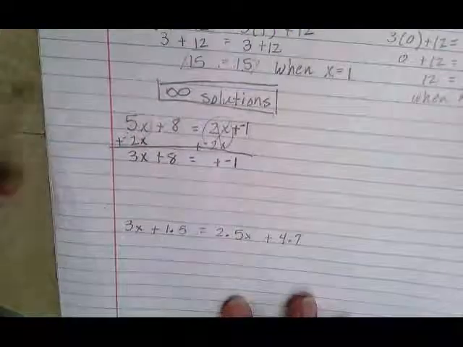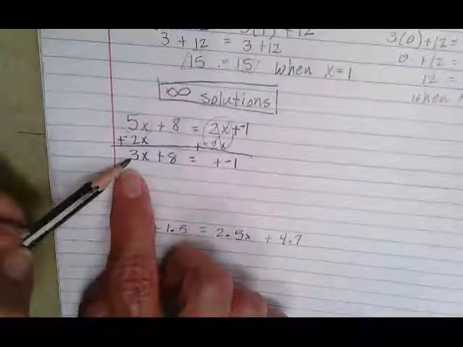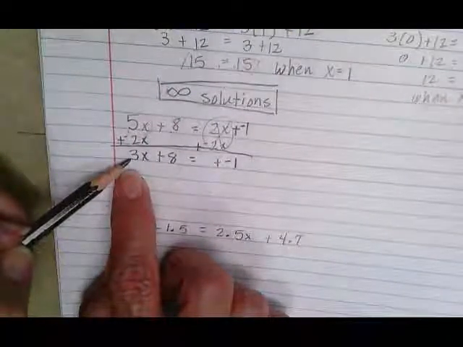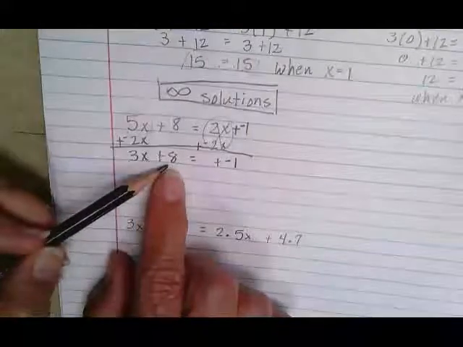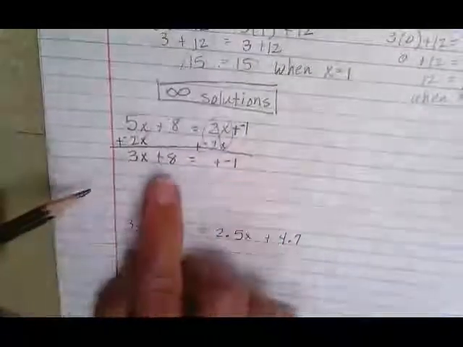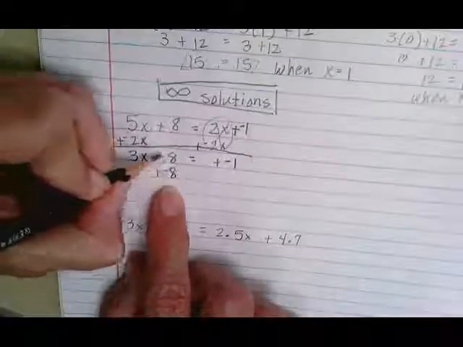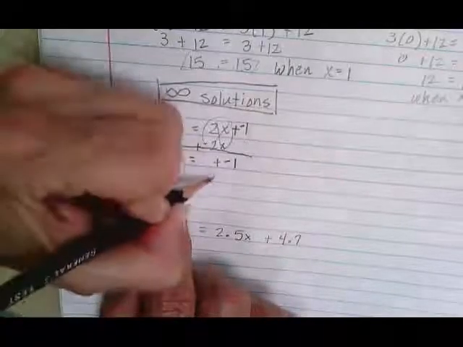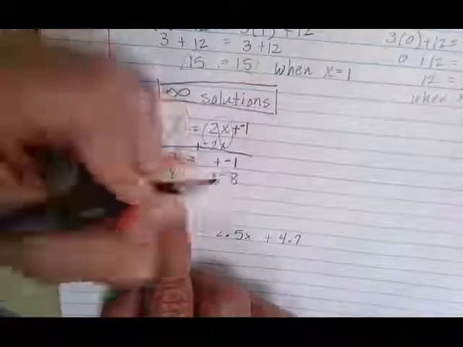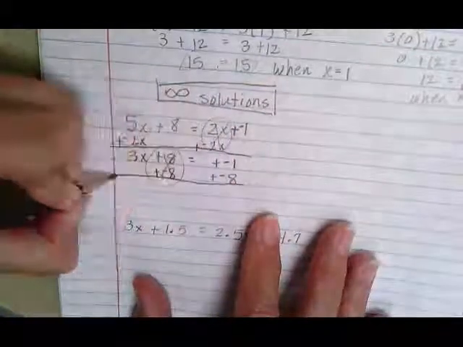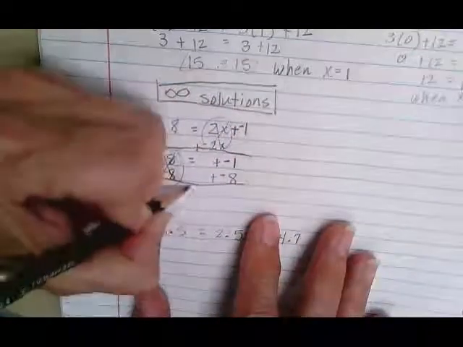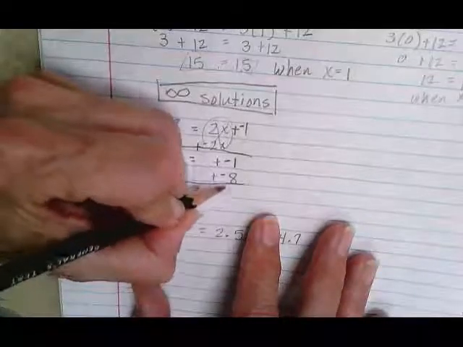So now I have all of my x's over here. Great. But I've got a number with it. I want to get that number over on the other side. So I'm going to add the opposite, and I'm going to get that 3 x's are equal to negative 9.